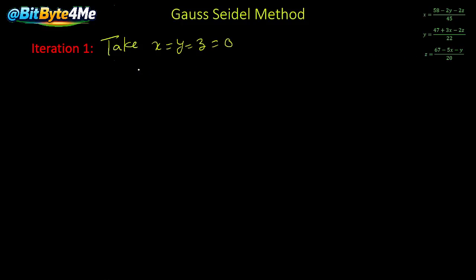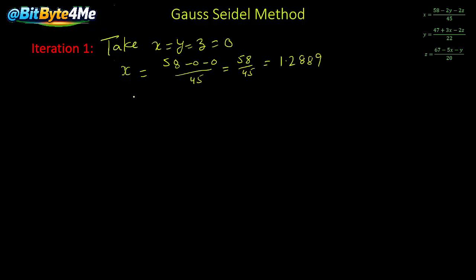So in iteration 1 we will substitute value of x, y and z is equal to 0. So we will get 58 minus 0 over 45, which will be equal to 58 over 45, which will be equal to 1.2889.